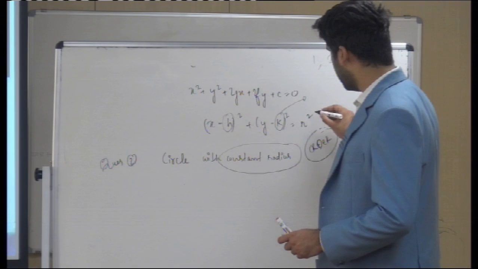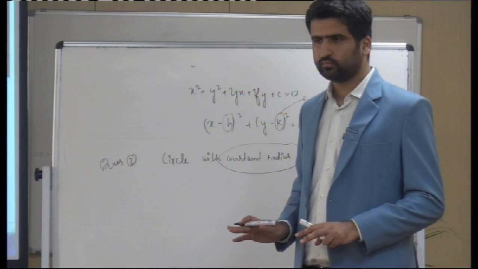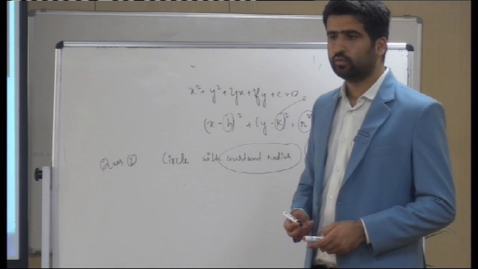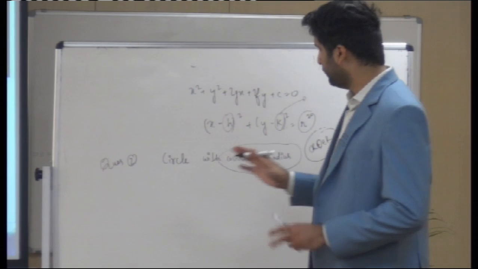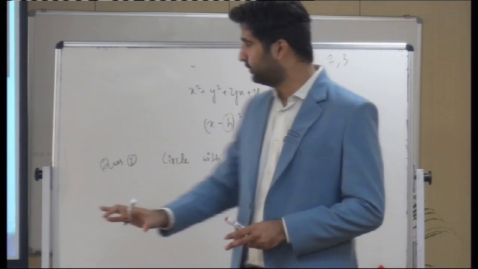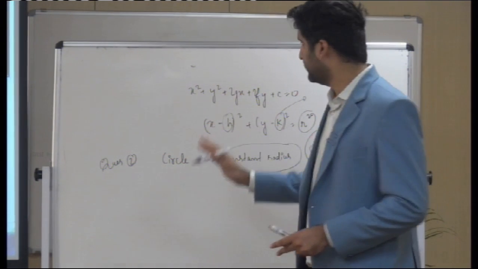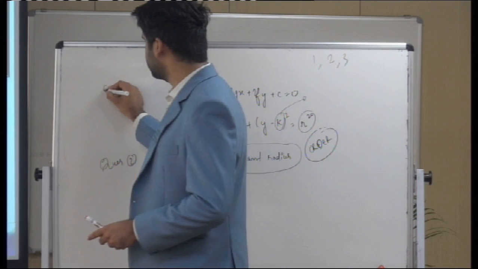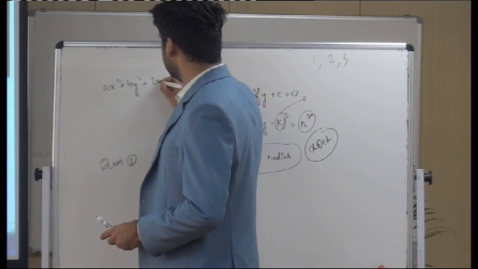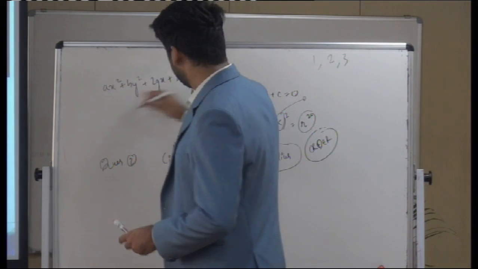So here R is constant and the other parameter would be theta. So we have to eliminate how many parameters over here? 2, right? You have to see the most simplified form of this equation. If he has mentioned that the radius is constant, you have to see only the 2 parameters. If you're given a general equation, let's suppose like this: ax square plus by square plus 2gx plus 2fy. So what is this equation called?